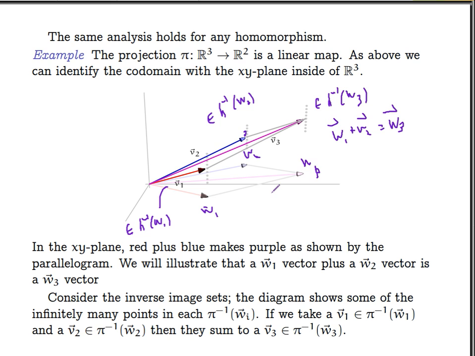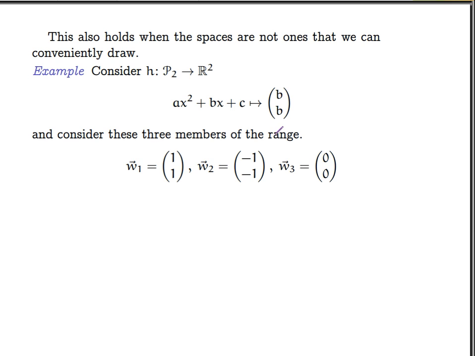So in a sense, I can say something like this: H inverse of W1 plus H inverse of W2 is equal to H inverse of W3. Now, that isn't really valid because you don't add sets in this way, but this picture is supposed to show you that in some sense there is a correspondence. And I think we'll make this more precise shortly.